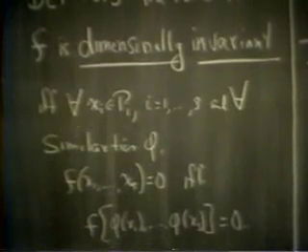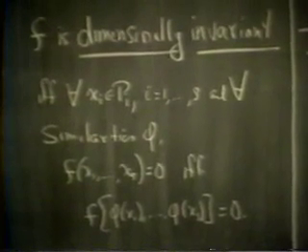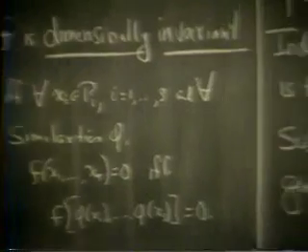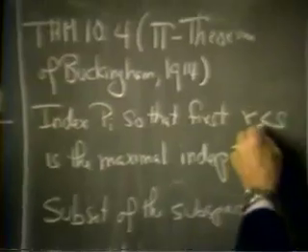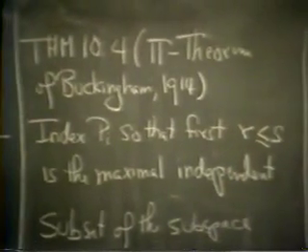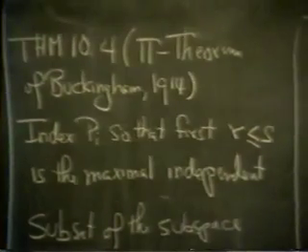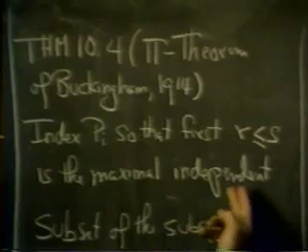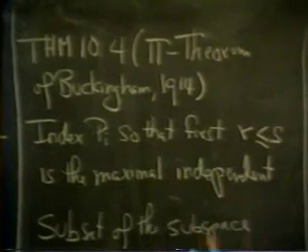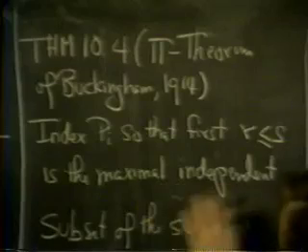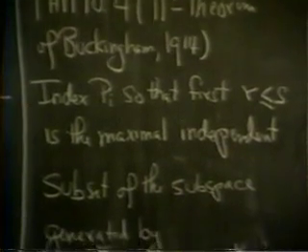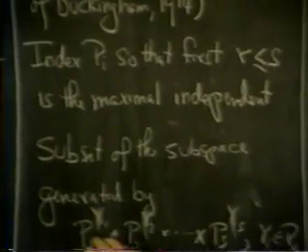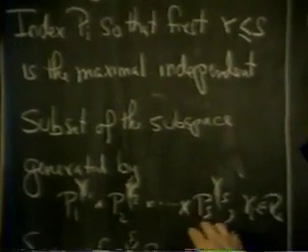Let us index those positive dimensions in such a fashion that the first R of them, where R is less than or equal to S, is the maximal independent subset of the subspace generated by all the products of powers of these S dimensions.